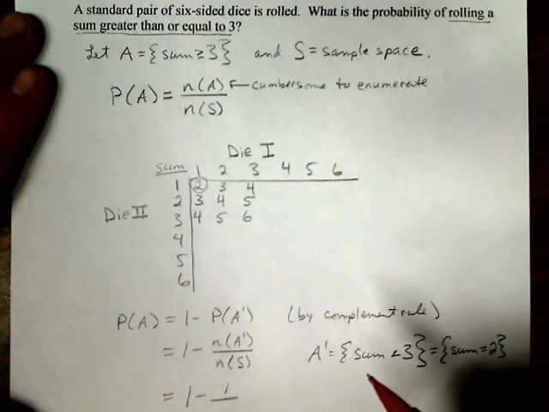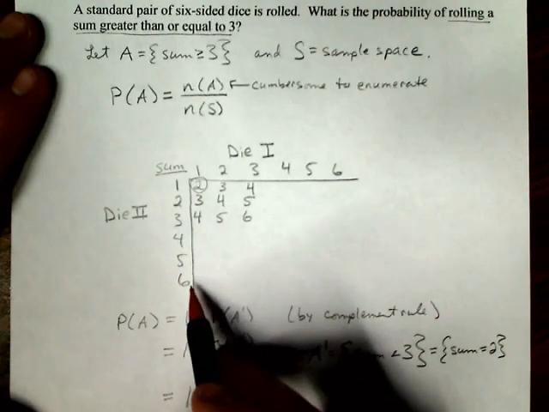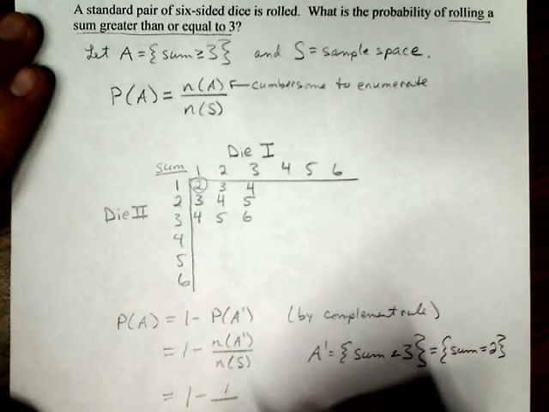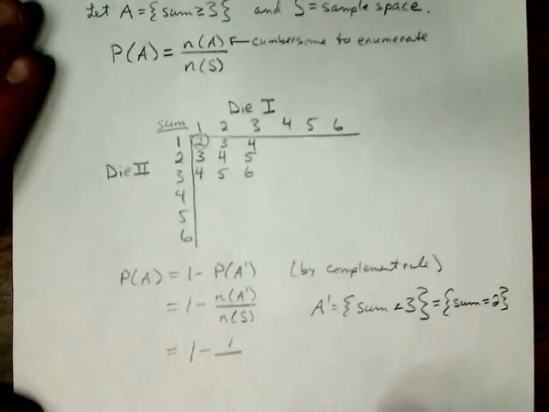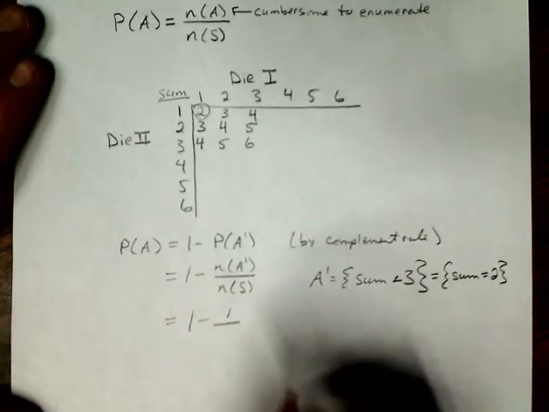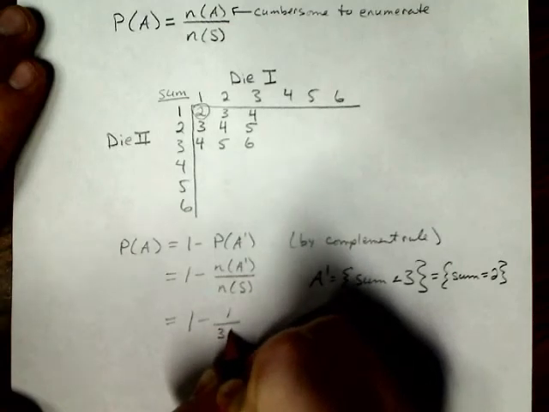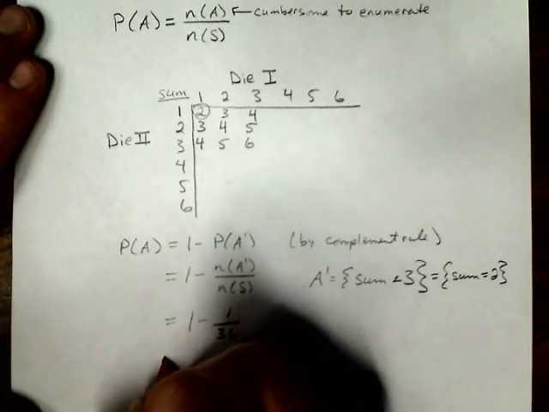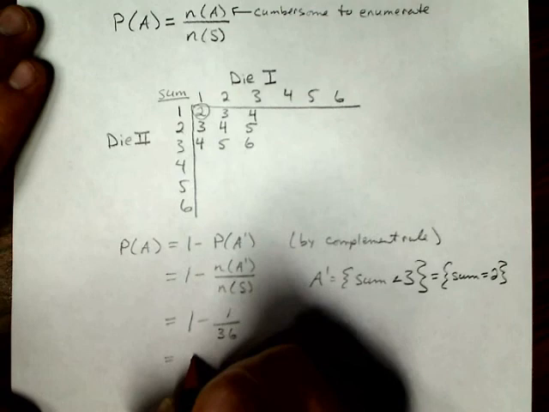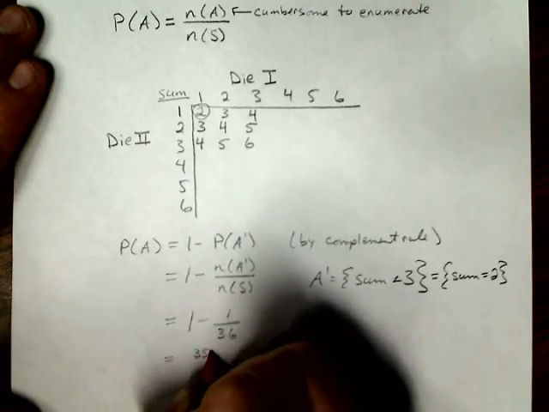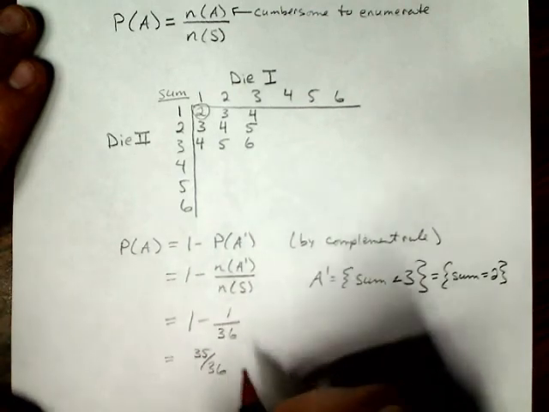You don't have to fill in the table to get all 36, but just know that you have 6 times 6 ways of casting the 2 dice here. So this is 1 minus 1 over 36. So what we get is then 35 out of 36.